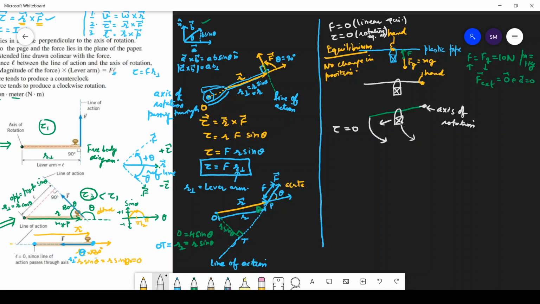This is the center of mass. Suppose this is the action of force, and this means line of action. Okay. And the line of action is changing, tangential to this. And this is your R.